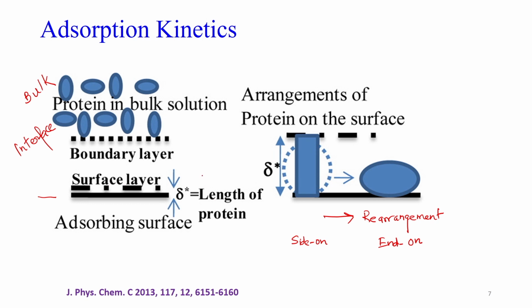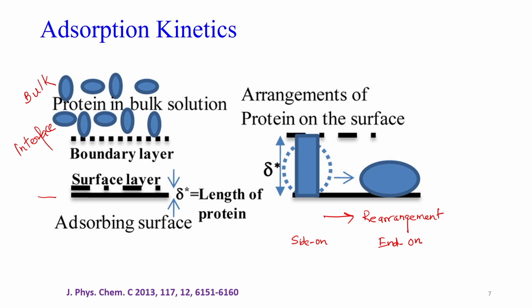And this surface layer thickness is typically equivalent to the size of the protein, so it varies in the few nanometer range. The protein molecules are there in the bulk, they come near the interface, then they cross the interface. If they are crossing the interface, there will be a mass transfer resistance, you can say the film mass transfer resistance, then there is the surface, then again there is a rearrangement or reorientation.